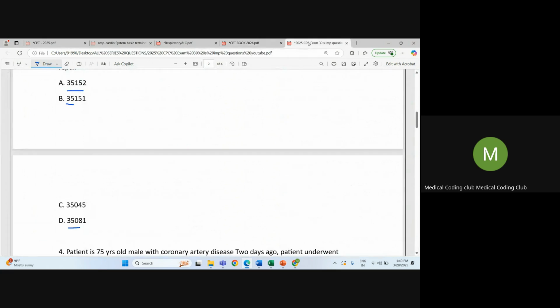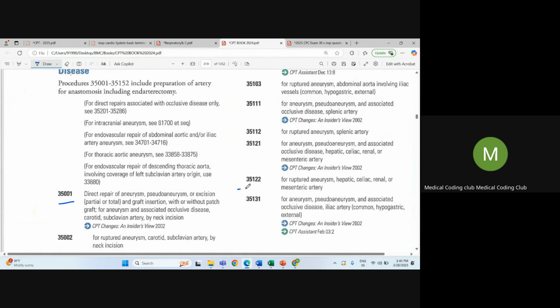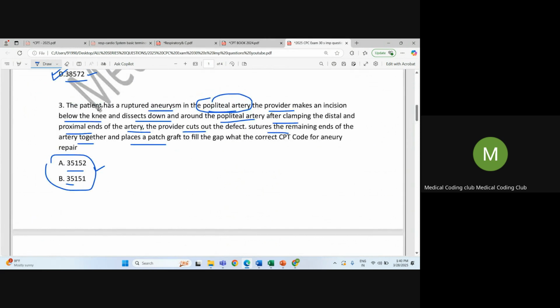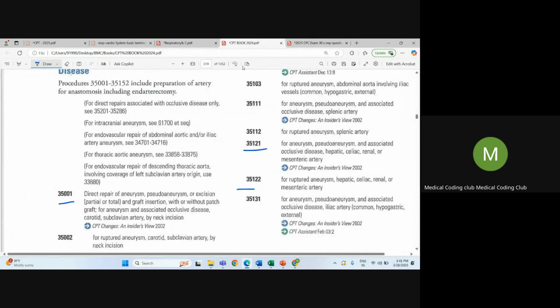According to the options, we have the 351 series, 35152 and 35151. Refer to these codes first because these codes fall in the aneurysm 351 series. What exact keyword do we have? That is ruptured aneurysm, and for this particular artery. So you have to just check this sentence. Let's go back and see the description of 35152 and 35151.